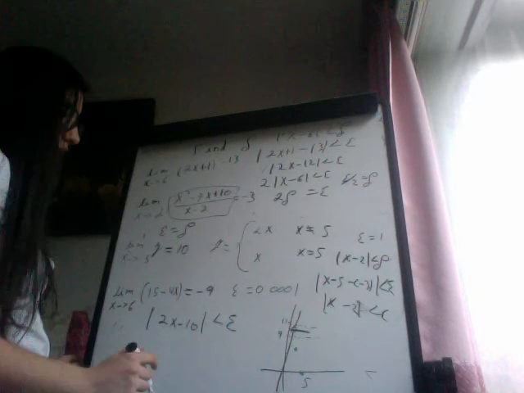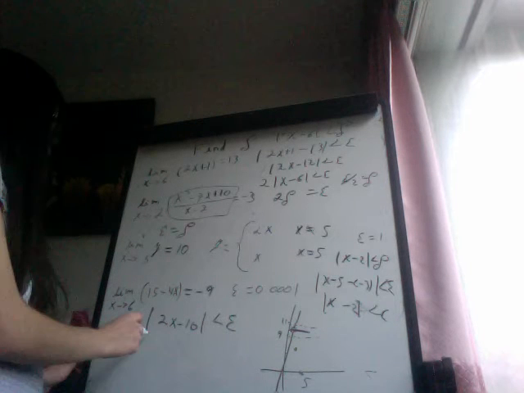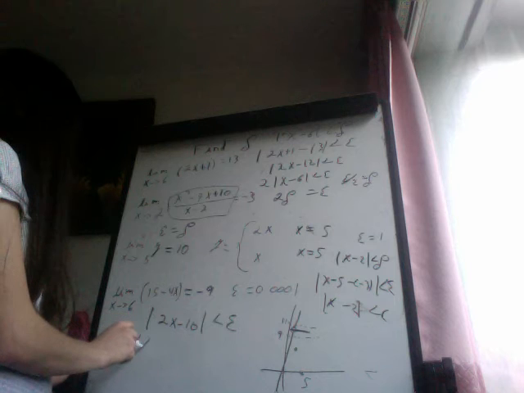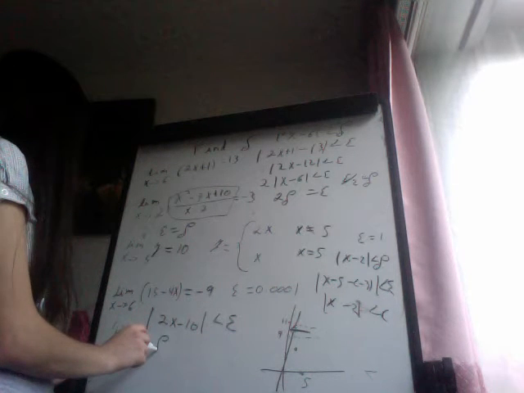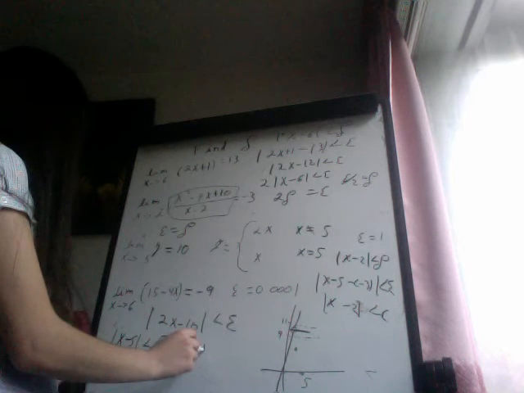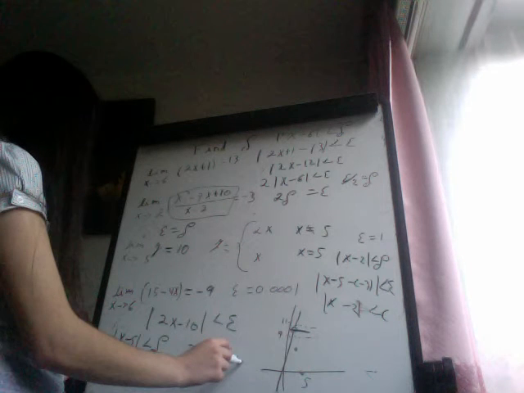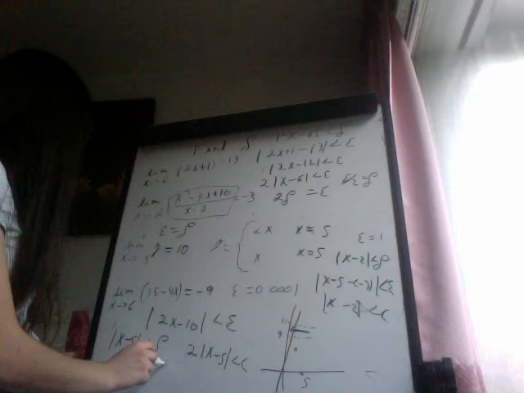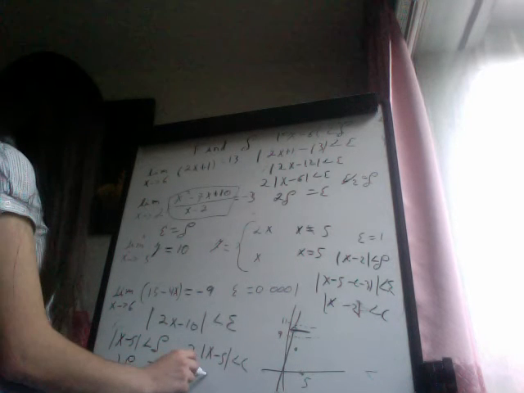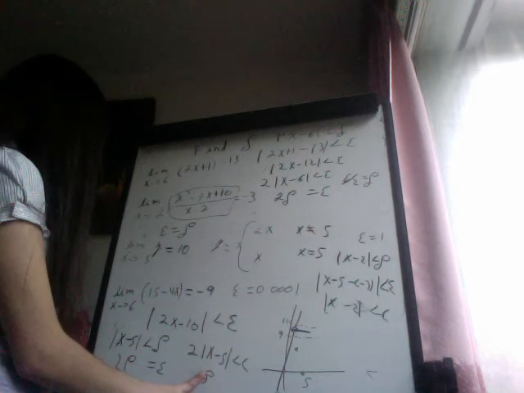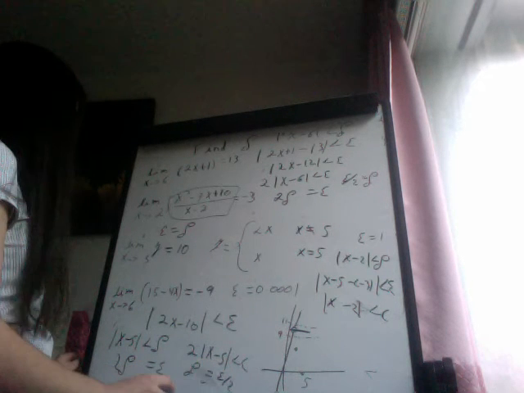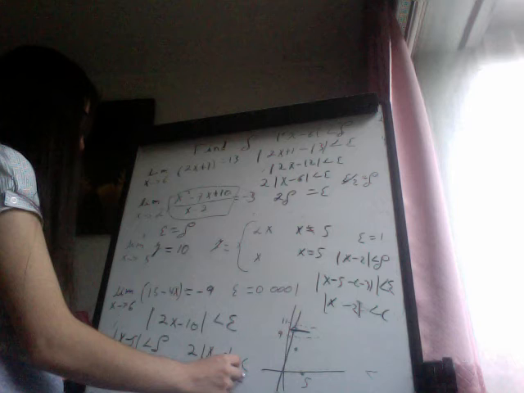So what is delta? We have the absolute value of x minus 5 is less than delta. So this is 2 times the absolute value of x minus 5 is less than epsilon, or 2 times delta is equal to epsilon. So delta is epsilon divided by 2.